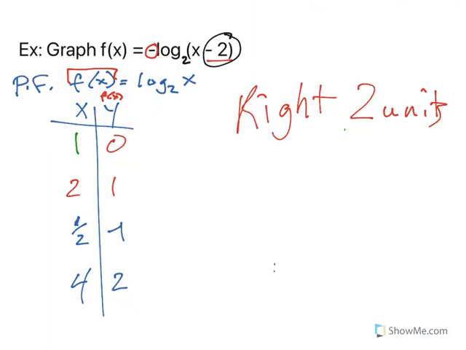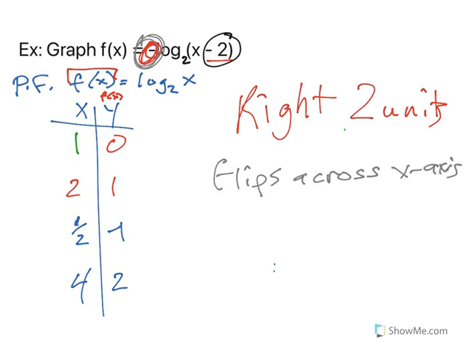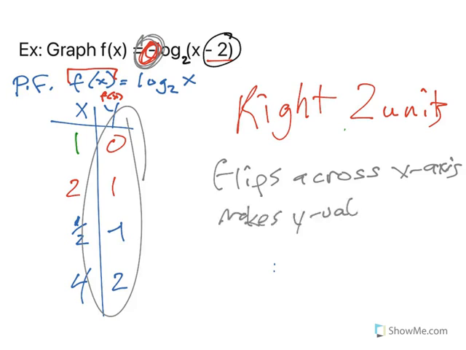Now, this negative flips across the x-axis, right? Because it flips the y value. It makes the y values the opposite sign.